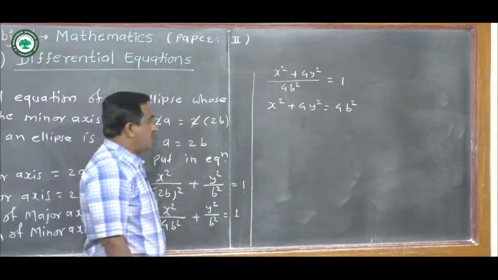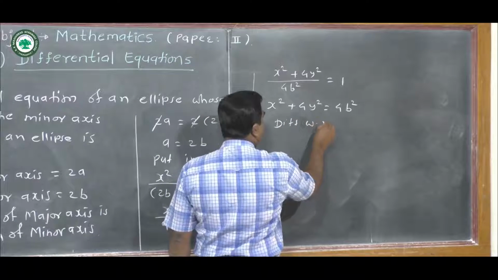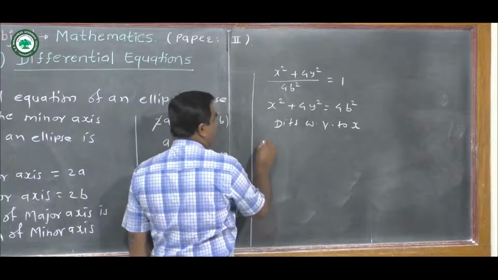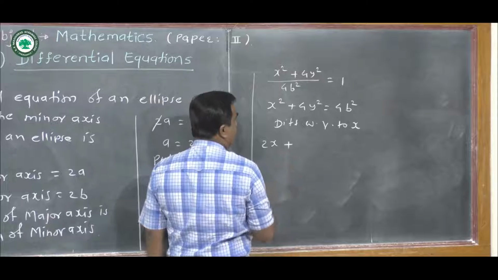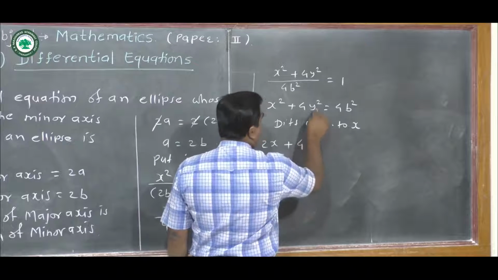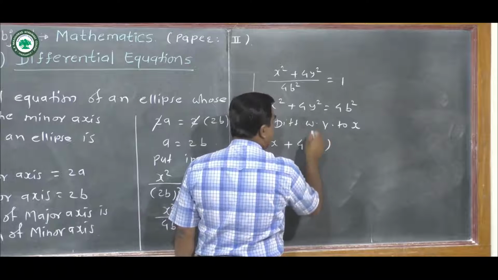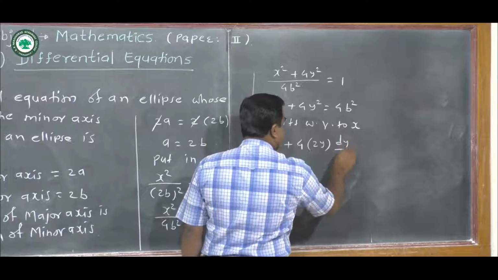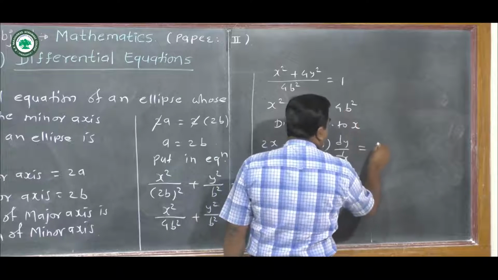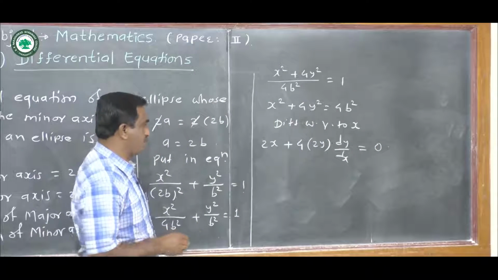Okay. Now we take derivative here, differentiate this with respect to x. Therefore derivative of x square is 2x, plus derivative of y square is 2y into dy by dx, is equal to derivative of 4b square, which is 0.